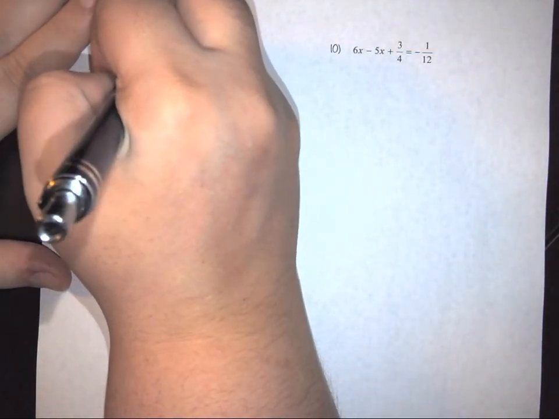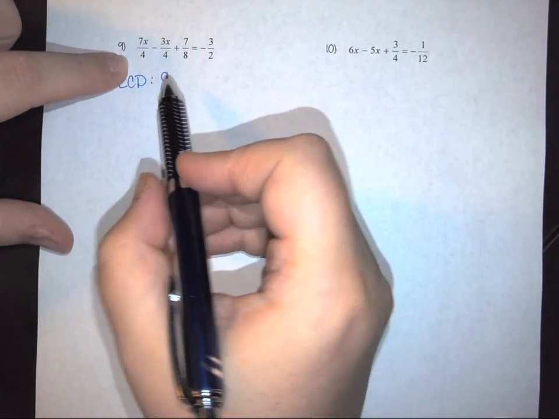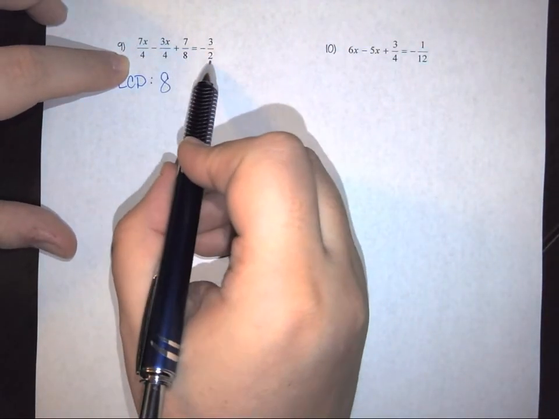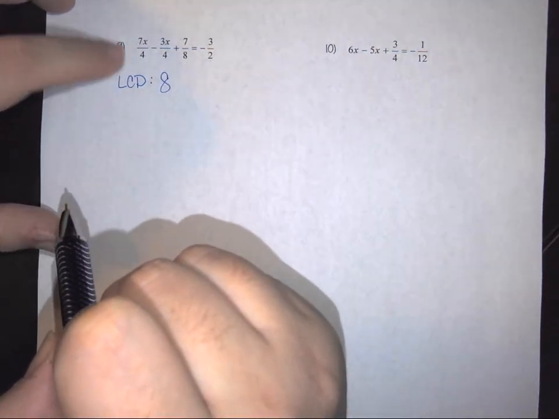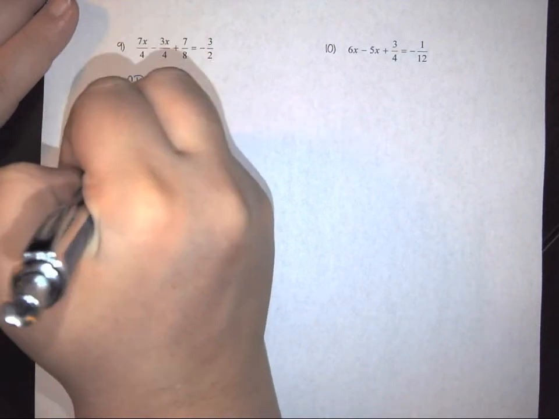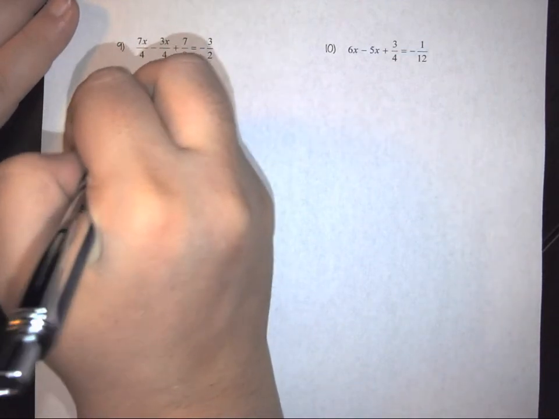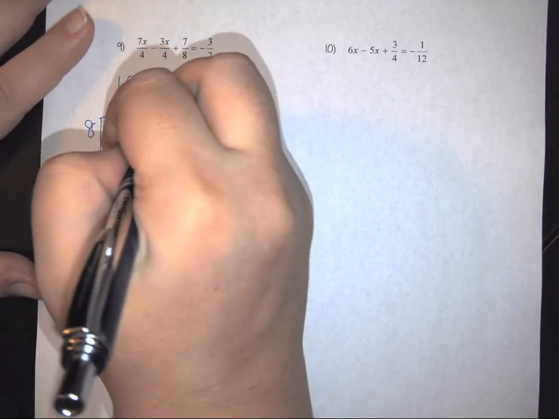So my least common denominator here is going to be 8. Now the reason we know that is because we have a 4, an 8, and a 2. And if you look at all of those, all of them will go into 8 nicely. So what you want to do is multiply your entire equation by that least common denominator and cancel out your denominators as you go.